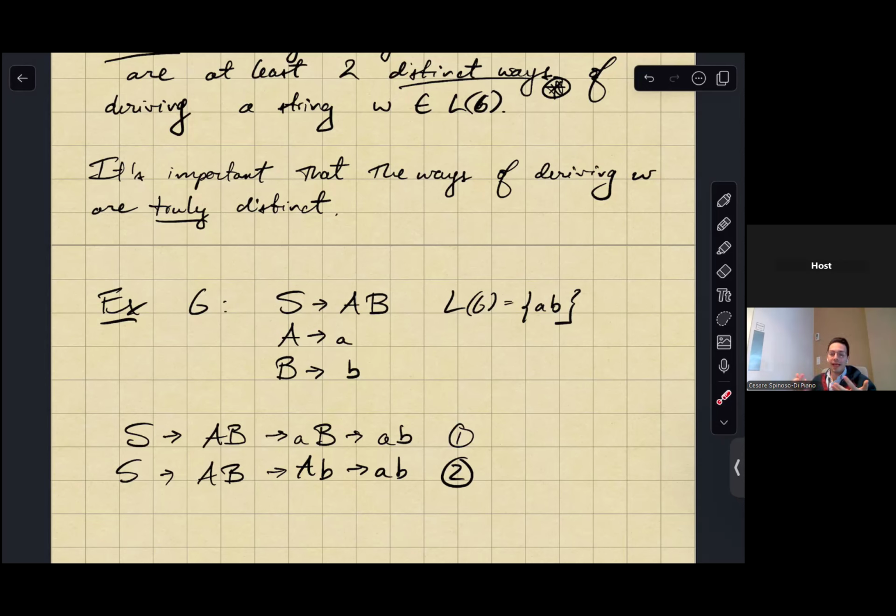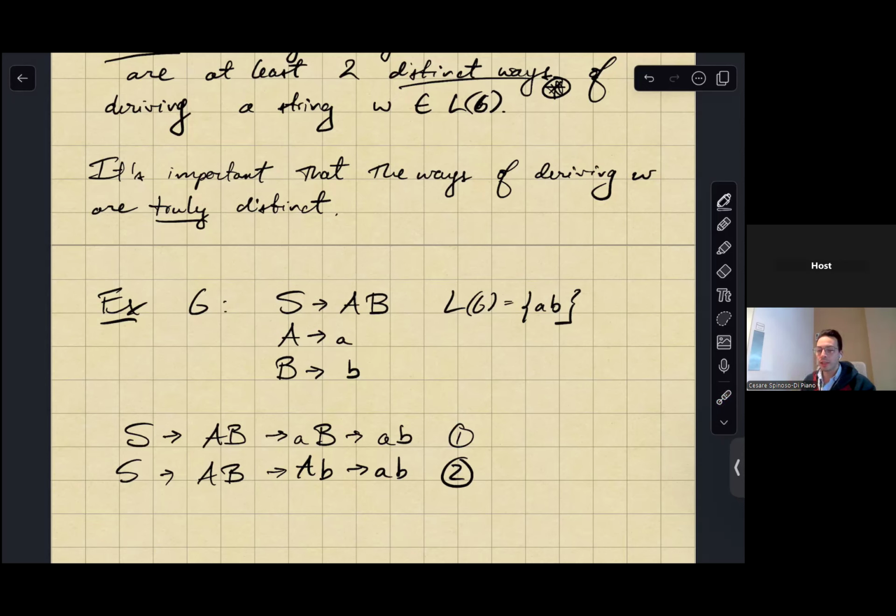The fact that you're doing something arbitrary, that there's no consistency in the way you're choosing the production rules, tells me that the ambiguity doesn't actually come from there being two genuinely different ways of generating the string, but rather it's just me fiddling around with what production rule to use. So that was a bit of rambling.